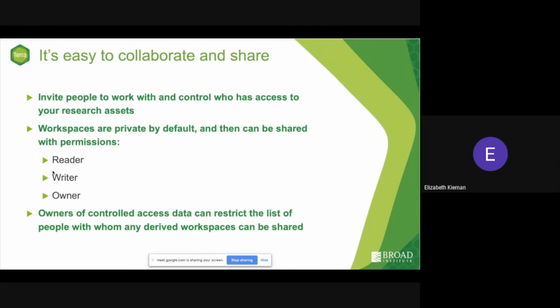A writer will have edit permissions, but they can't share the workspace with other colleagues. And an owner can both edit and share a workspace. These are the three main permissions, but I want to emphasize that you can use different variations of these to customize permissions as you need them for your purposes.